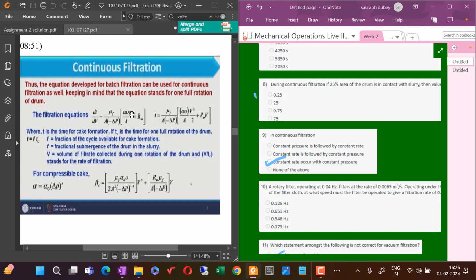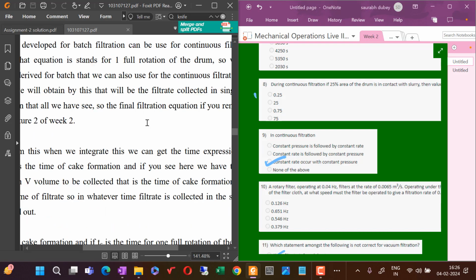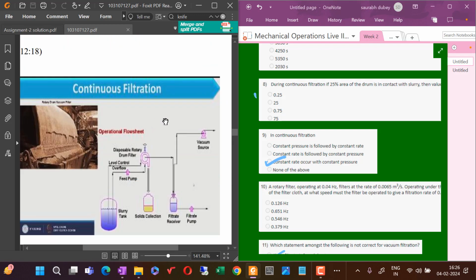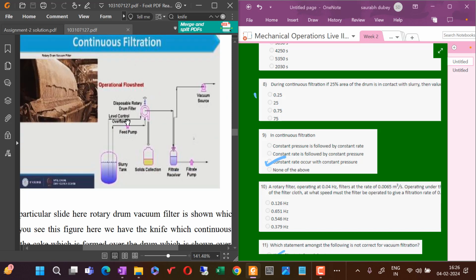So one rotation will be one thing, and in the continuous, both occur. Yeah, and then this was the discussion of how this happens.